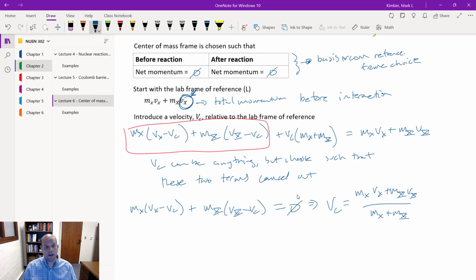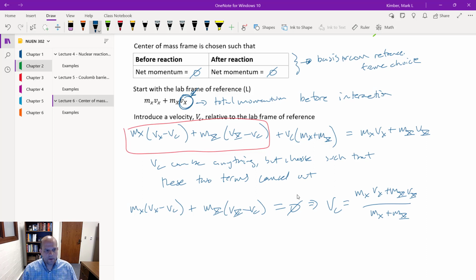So if I choose that reference frame to have a velocity equal to this expression, then when those two collide, the net momentum approaching that collision is going to be 0. And I can do the same thing on the product side of the equation.